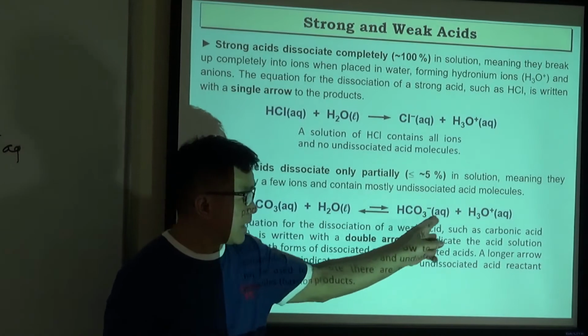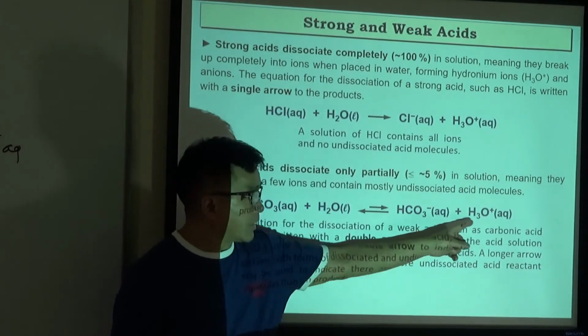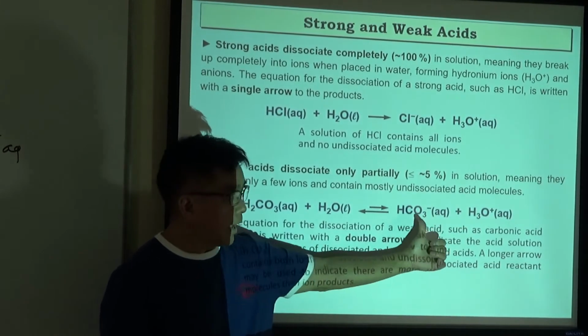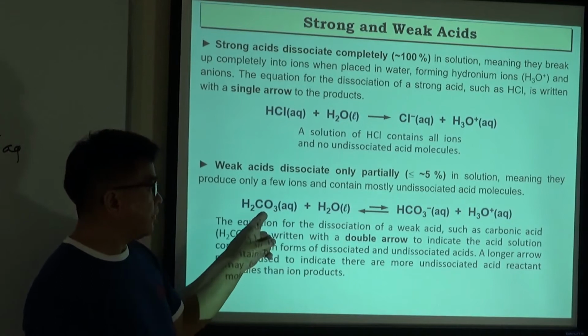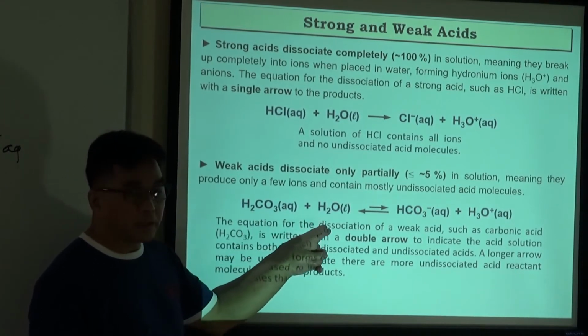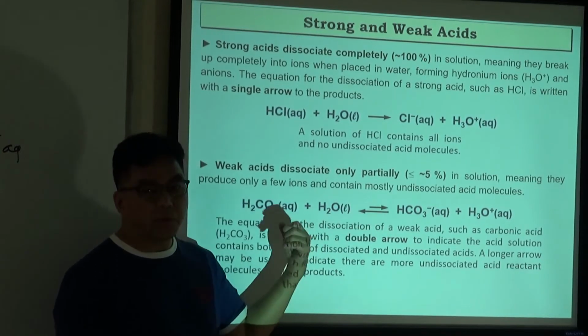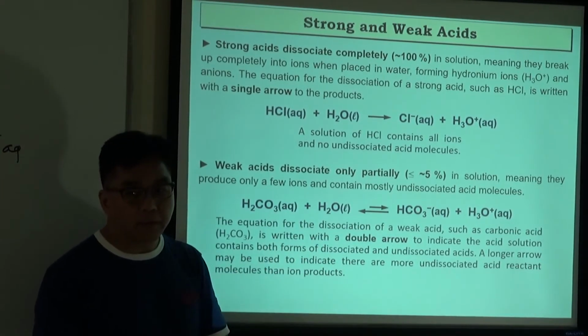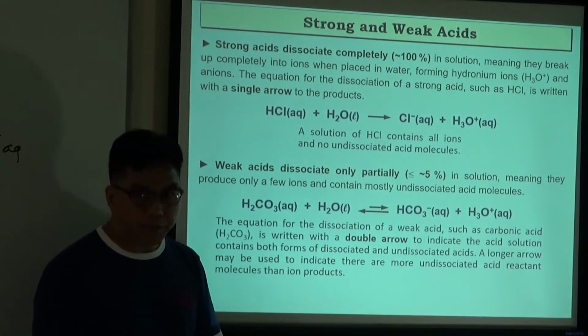But as the ion products accumulate, they will start to react with one another and go back the other way, to reform the acid and the water. At equilibrium, the forward reaction and the reverse reaction are equal to one another.